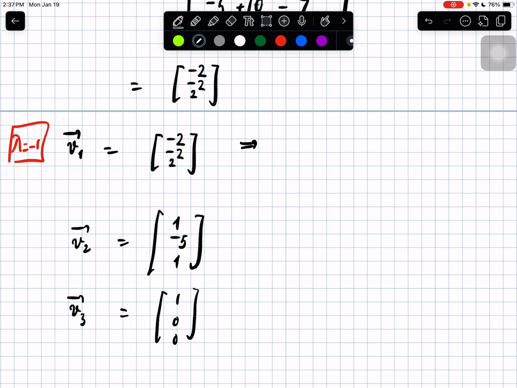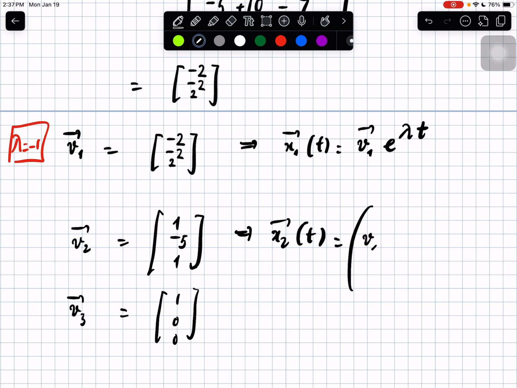The first eigenfunction we can call x1(t) equals v1 e^(lambda t). So this v1 times e^(lambda t). The second one, x2 equals (v1 t plus v2) e^(lambda t).